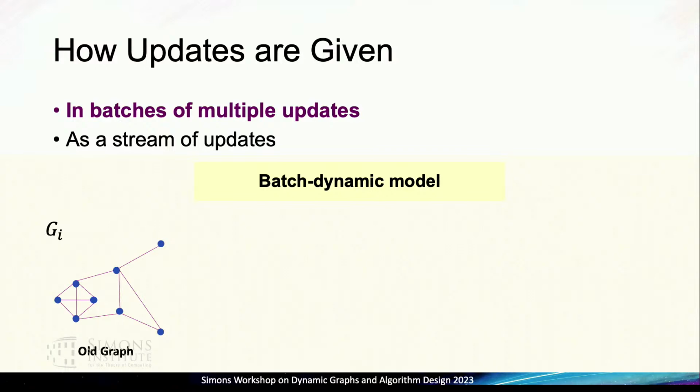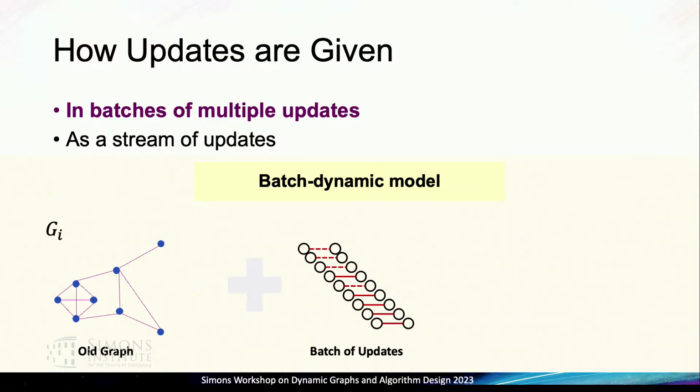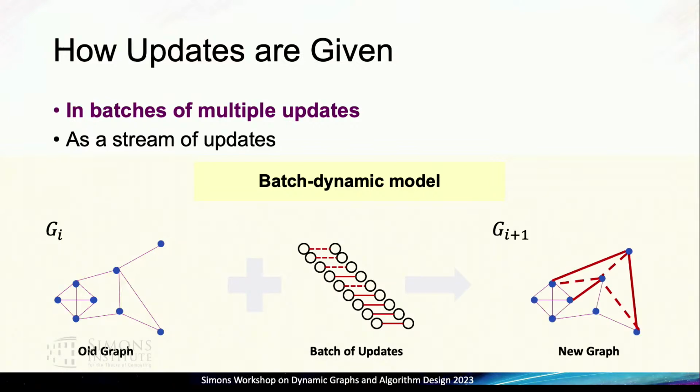And a number of previous presenters have talked about the batch dynamic model. The batch dynamic model is you're given some graph and you're given a batch of updates. The batch of updates consists of insertions and deletions. And then after you're given this batch of updates, you obtain a final graph. This final graph is obtained after you perform all of your insertions and all of your deletions.